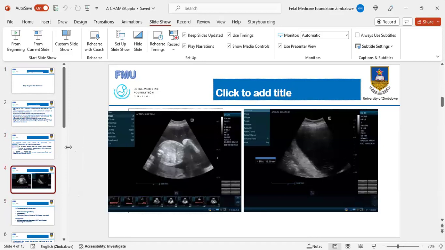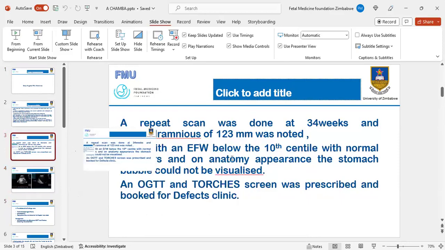FGR was noted, but this time the Dopplers were within normal limits.